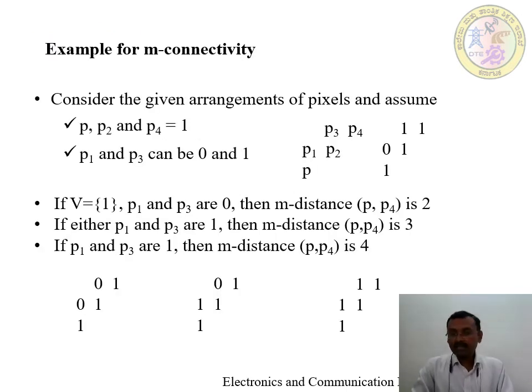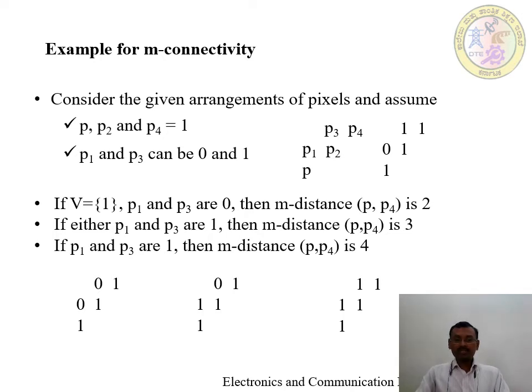Now let us consider an example for M connectivity. Consider the given arrangement of pixels and assume that P, P2 and P4 have the value 1. P1 and P3 can be 0 or 1. Let's look at the arrangement with P, P1, P2, P3 and P4. Let's consider V as a set with intensity value 1, and P1 and P3 both are 0, then the M distance between P and P4 is 2.